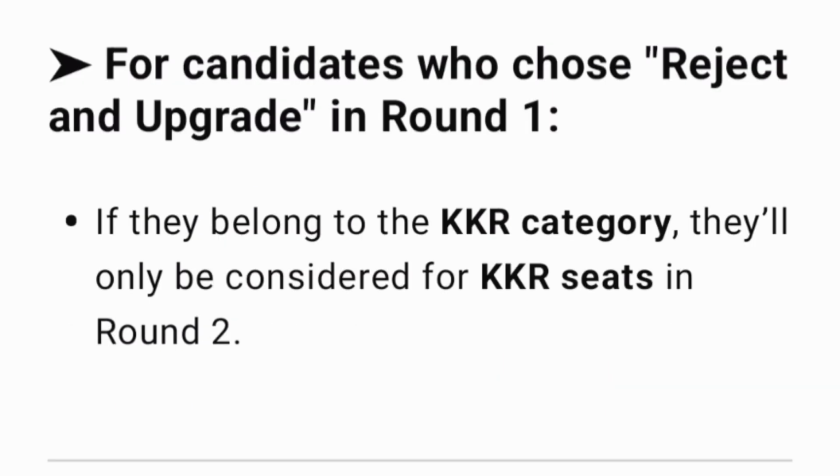For candidates who chose reject and upgrade in round 1, I'm talking about the KKR students who chose reject and upgrade in round 1, if they belong to the KKR category, they will be considered for KKR seats in round 2. Now they cannot get GM seats. Remember this, a KKR student in round 2 cannot get GM seats. They can only be considered for the KKR seats.